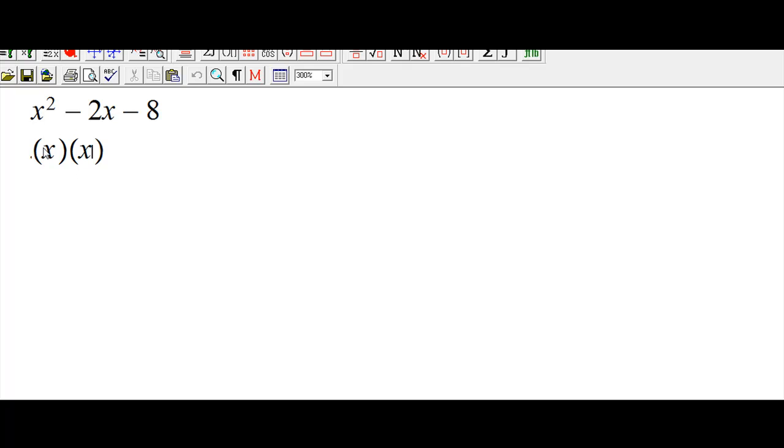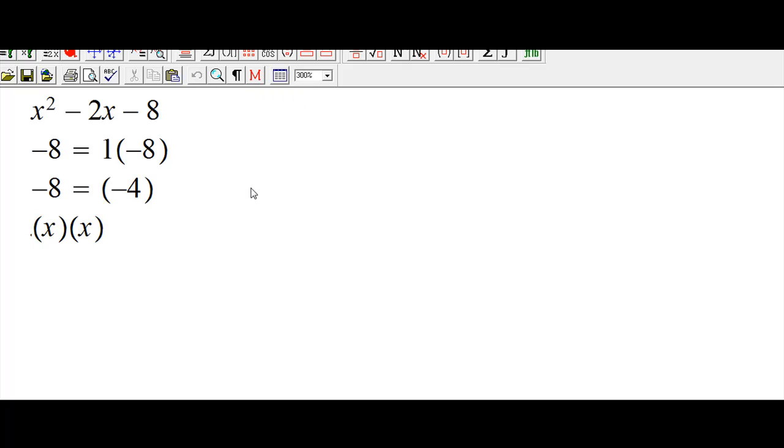All right. Now, this guy, negative 8. Let's look at the factors of negative 8 now. Negative 8 has many possible factors, right? So, negative 8 could be what? 1 times negative 8, or negative 8 times 1, which is the same thing, right? Or else negative 8 could be what?